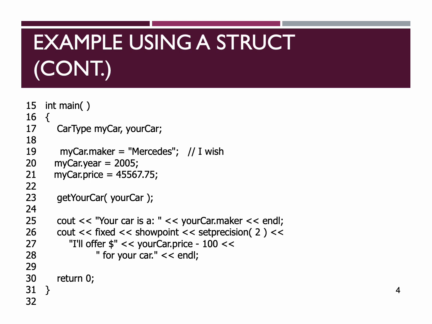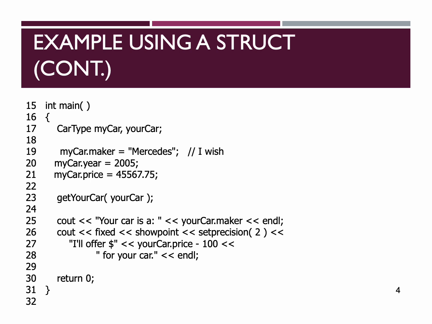So we are just adding values to the variables we defined in the struct. Here we are assigning Mercedes as the maker of my car, then the year 2005 and then the price, and then we are just printing your car dot maker. So this is the syntax of writing a C++ language program.